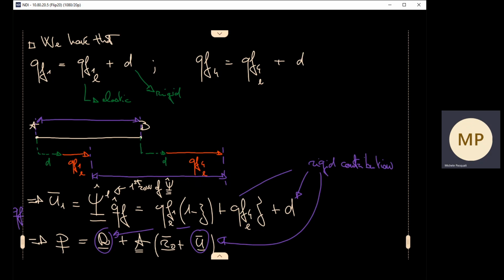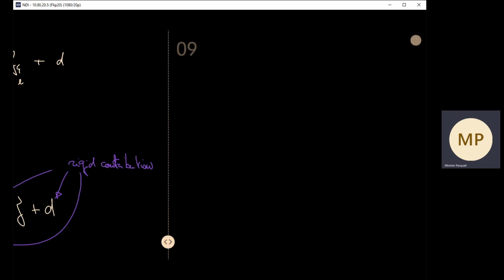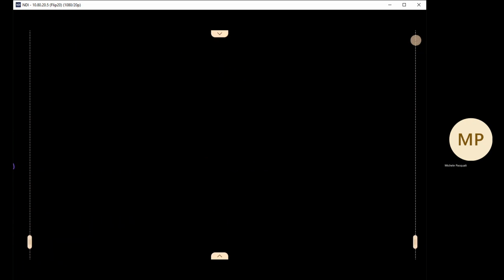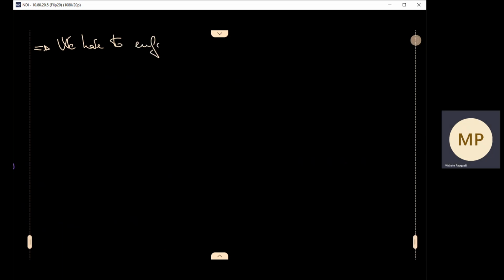Because the body deforms and the local frame cannot follow, the link must be established somehow. And when you establish it, you can do it arbitrarily. So there is more than one way to do so, and this allows removing this rigid contribution. Okay? So let's do it. So we have to enforce reference conditions.